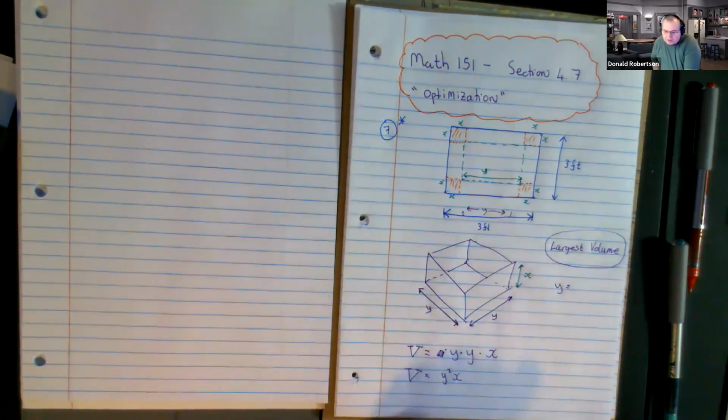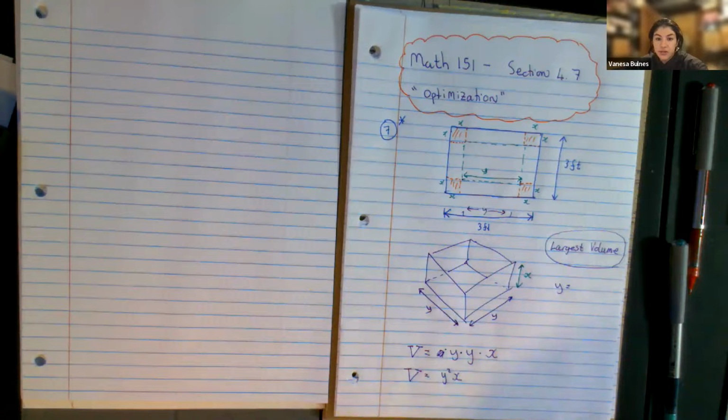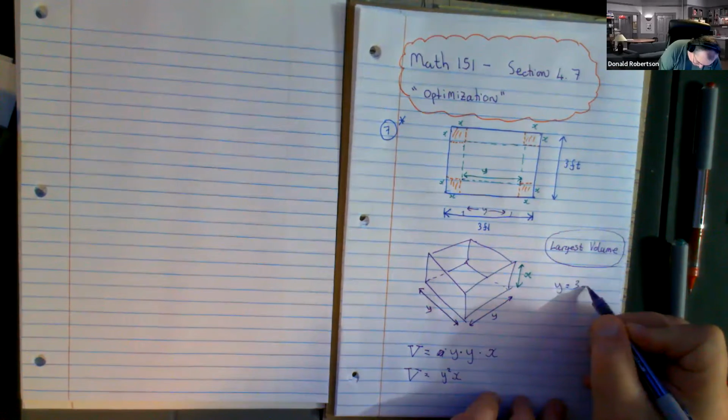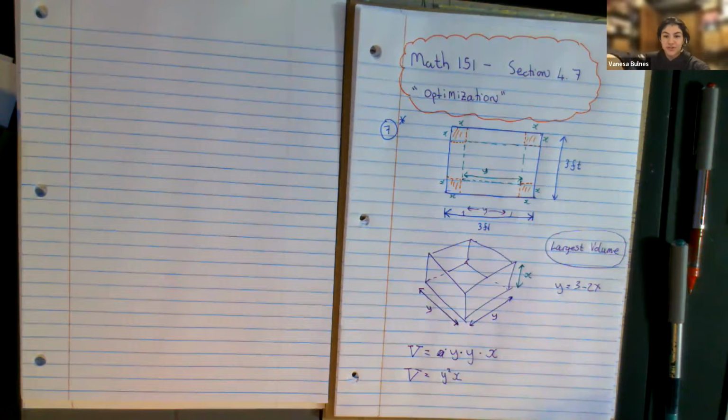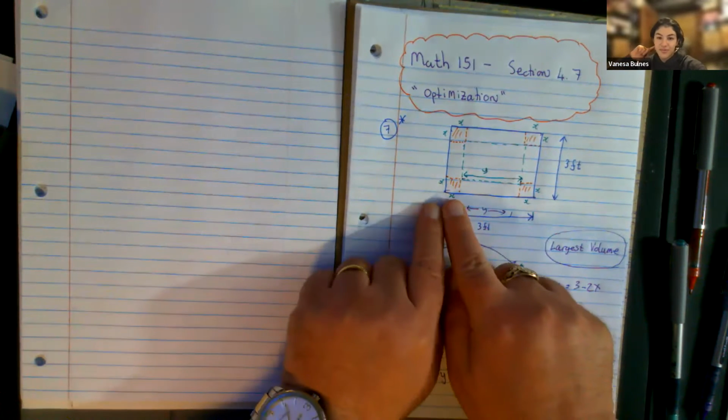Can anyone tell me what Y is in terms of X? 3 minus 2x. You nailed it. You want to tell everybody else how you figured that out? Just looking at the picture.